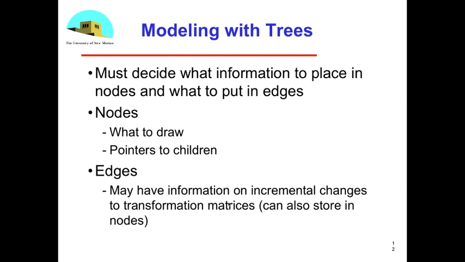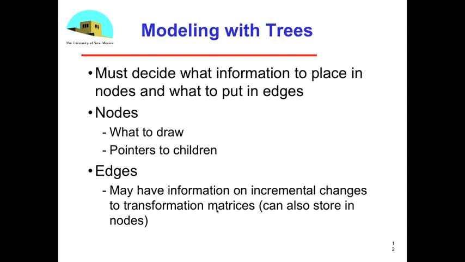The important word in here is incremental. You don't need to store in each edge all the information about how you got there from the root node. All you need to store there is information about how you got from its parent, as long as its parent has information how it got to its parent, and so on.